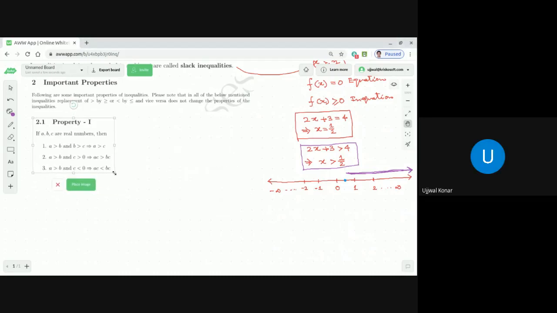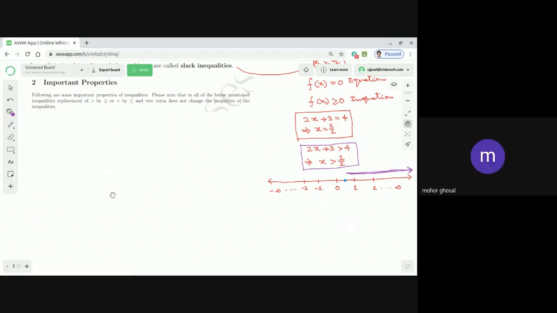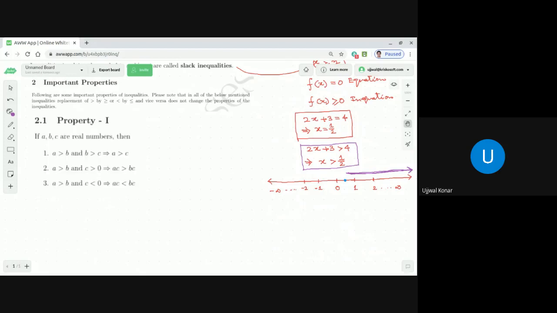So property 1 says that if A, B, C are real numbers, then A greater than B and B greater than C actually signifies that A is greater than C. A is greater than B and B is greater than C. That means A is greater than C. Correct, no?